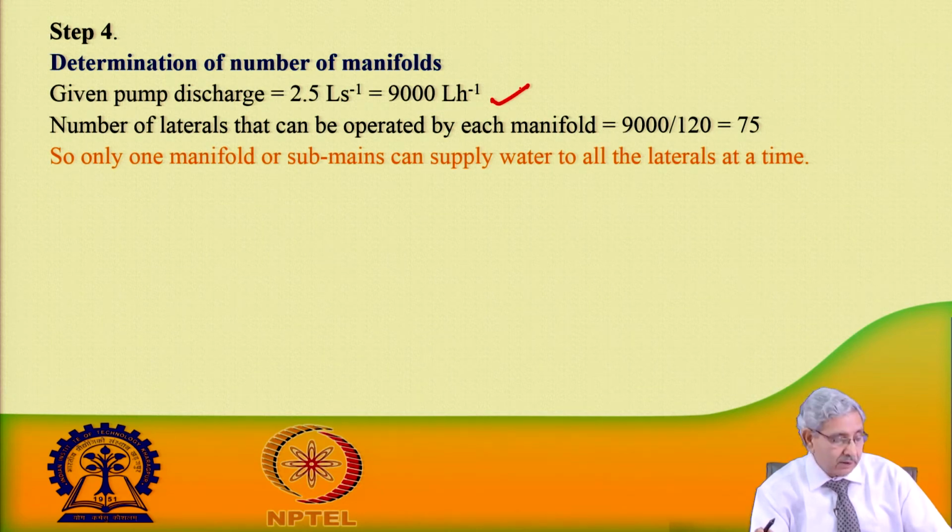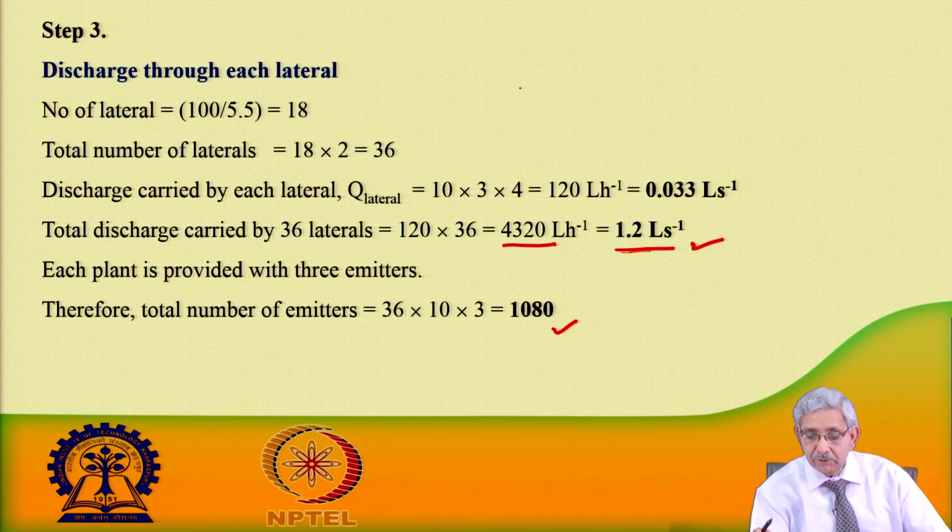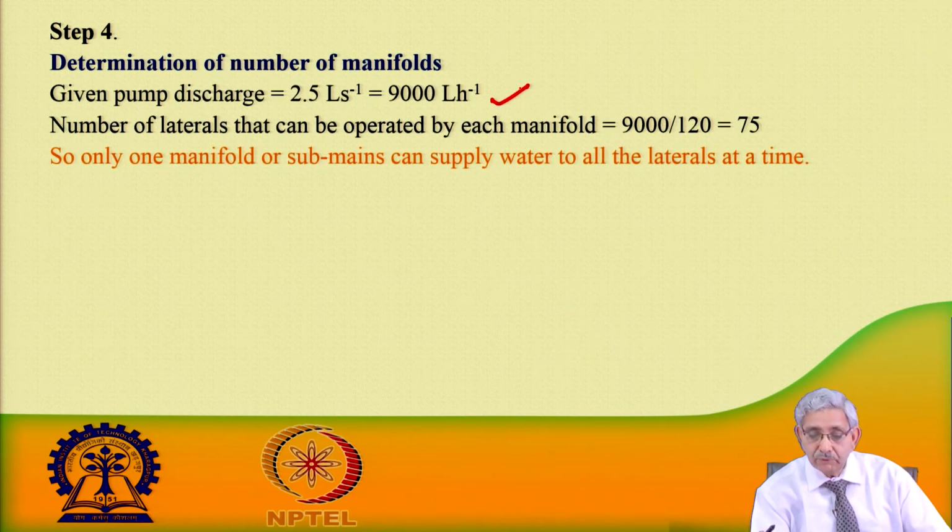If you see the previous part once again, we have 120 liters per hour as the discharge carried by each lateral. So, we will get the number of laterals that can be operated with the given pump discharge, and this comes to 75.